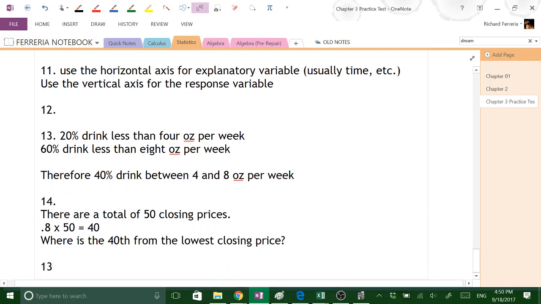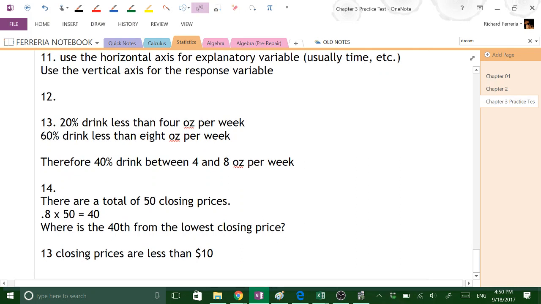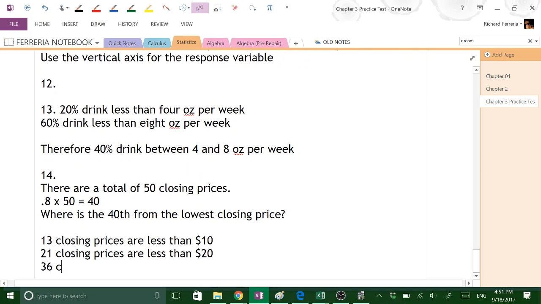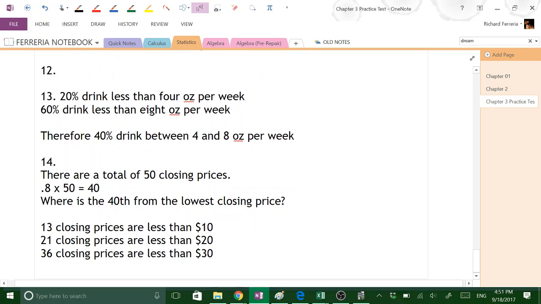Let's just start from the bottom. 13 of the closing prices are less than 10. 21 closing prices are less than $20. 36 closing prices are less than $30. 36, and then 7 is 43, right? 43 closing prices are less than $40.